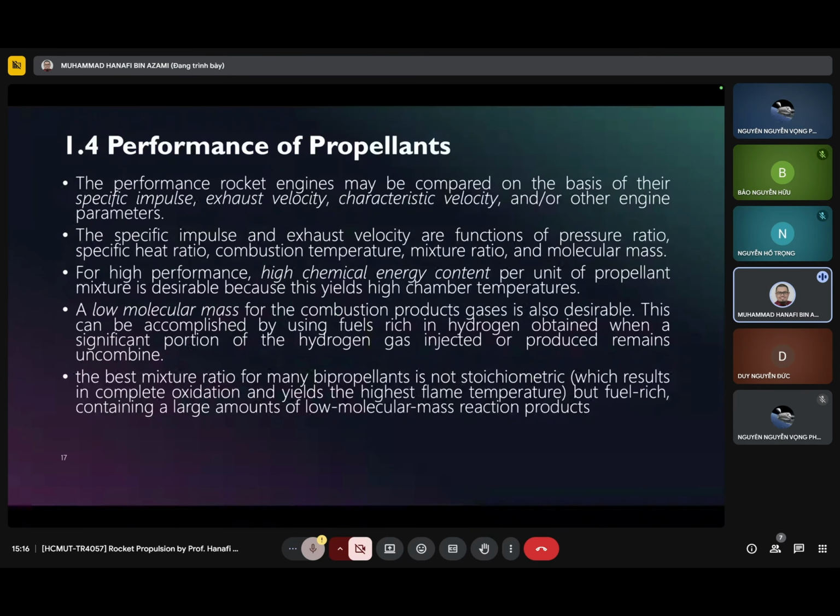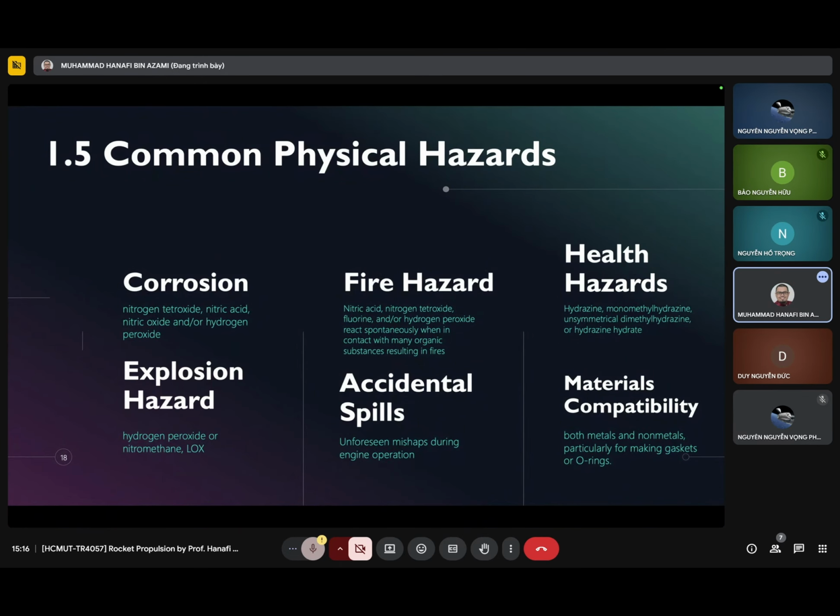Why? Because we want to produce a large amount of low molecular mass reaction products. Okay, that is what we have learned so far last week.